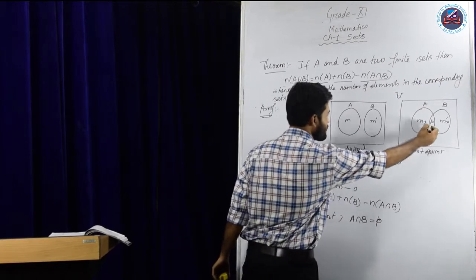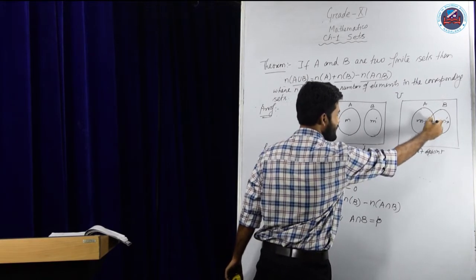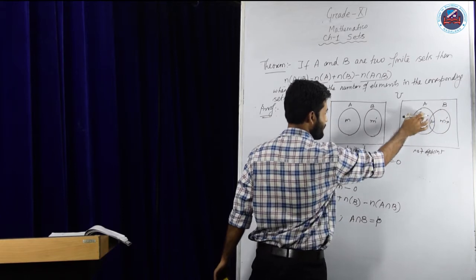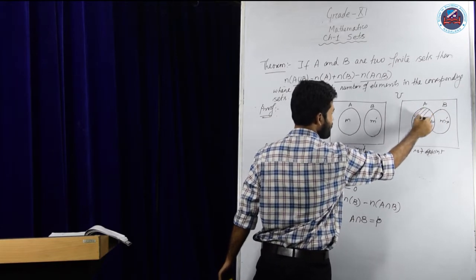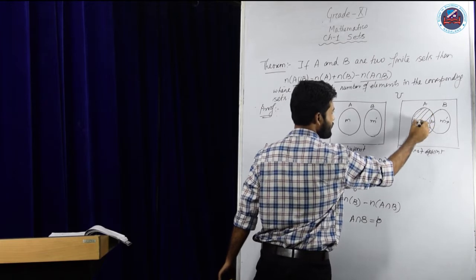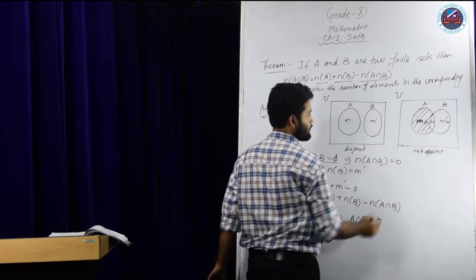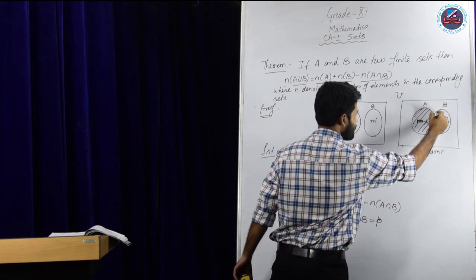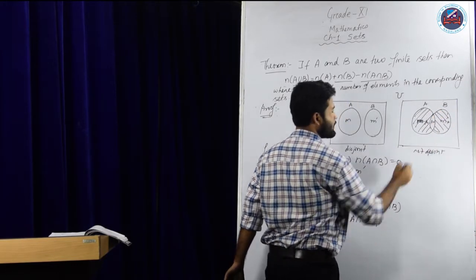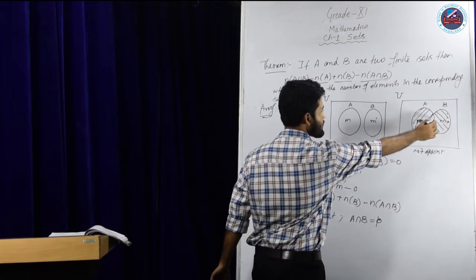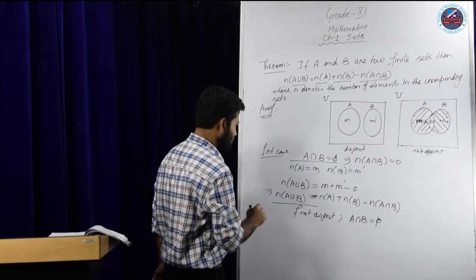So if I consider that the number of elements here is p, then the number of elements in this particular portion will be m minus p, and in this particular portion it will be m prime minus p, because we have considered that the number of elements of B was m prime.